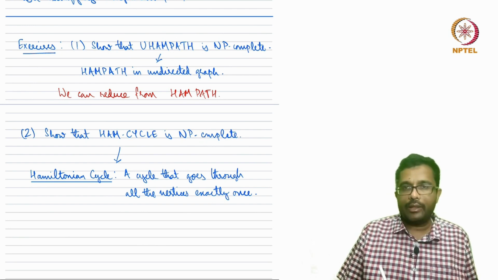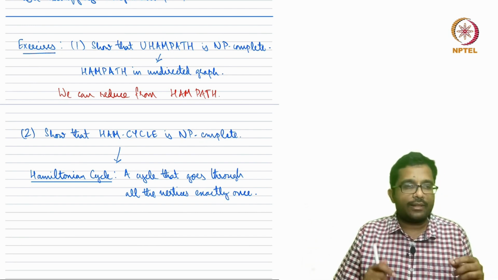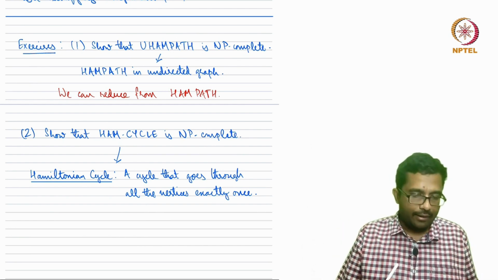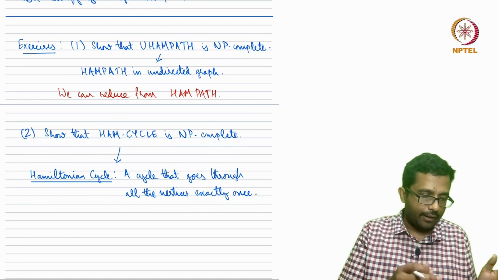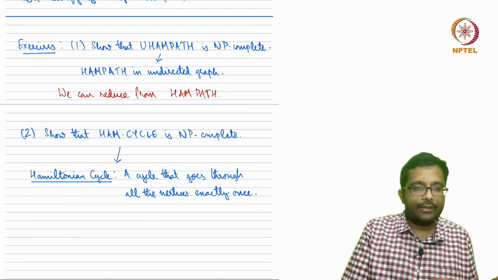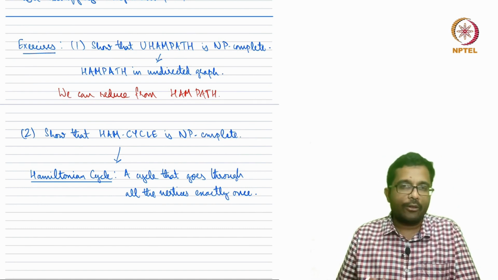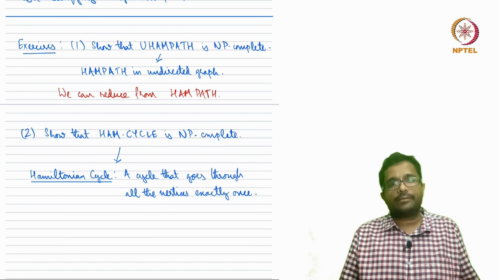You can try to read up. So basically we replace each vertex with 3 vertices or something like that, so that if a directed graph has a Hamiltonian path, we construct an undirected graph that also has a Hamiltonian path, and if and only if, both ways.